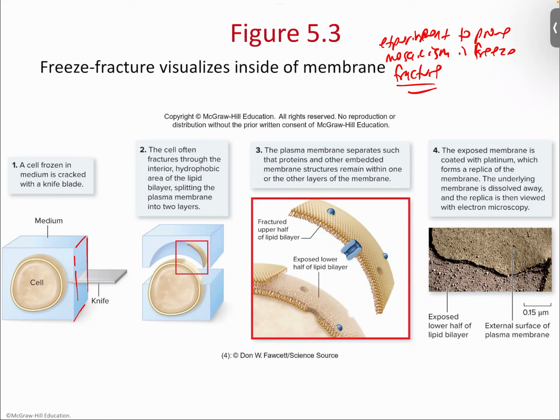But every now and then you'll get lucky, and it'll rip apart the cell membrane. So part of the cell membrane, like the outer part, is going to be stuck to one part of the freezing compound, and that leaves exposed the bottom part of the other. Then you can prep these two layers for electron microscopy.